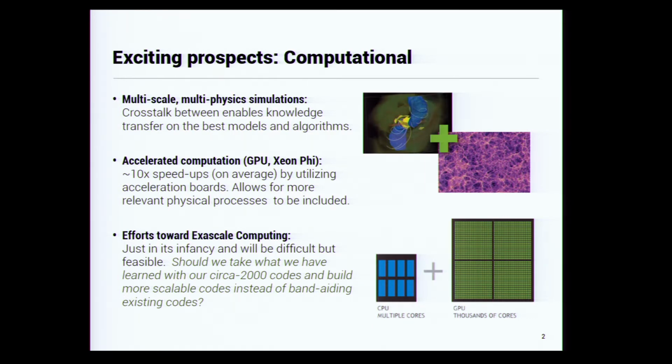Also, if you look at the fastest supercomputers in the world, they actually all utilize these types of processors. So I think this is a push that we can make in the upcoming decade.